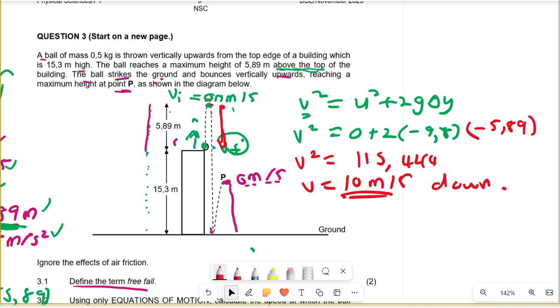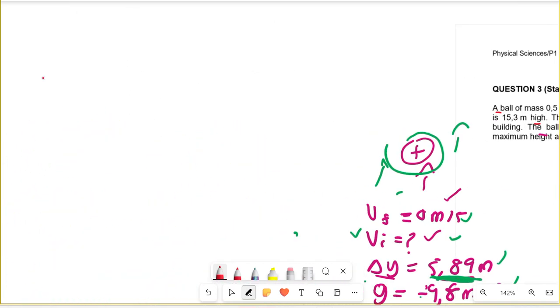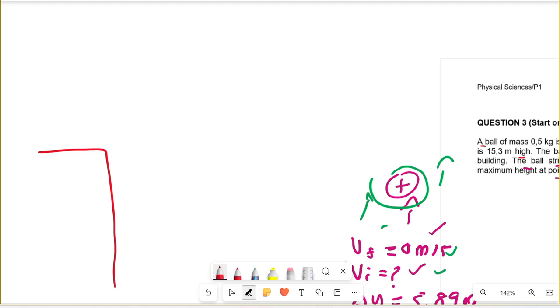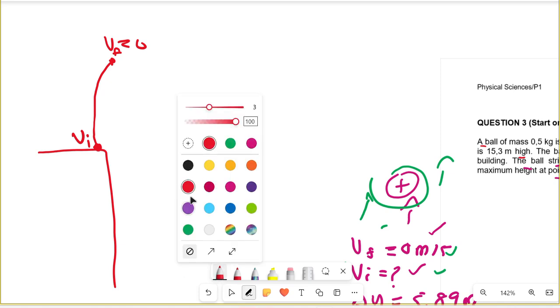So we looked at it this way now. The first approach was we took this as our initial velocity, and then this is our final, ne? But someone might have taken this approach. I'm sure that someone knows that this speed here is the same speed as when the ball goes down and passes this very point.